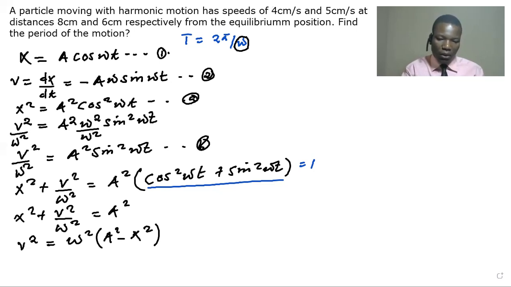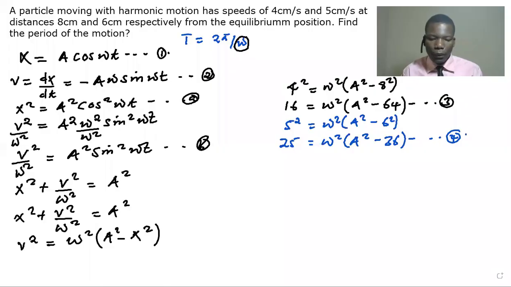The equations look like this. Then we divide equation 3 by equation 4, because we have two unknowns, the angular frequency and the amplitude, which we don't know. So let's divide these two equations.